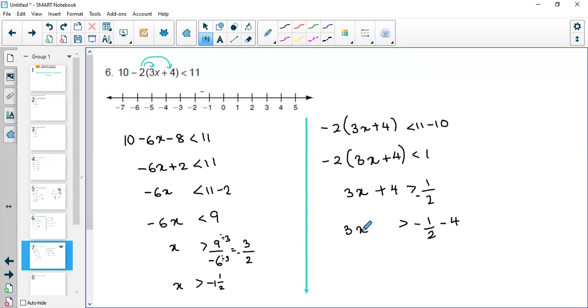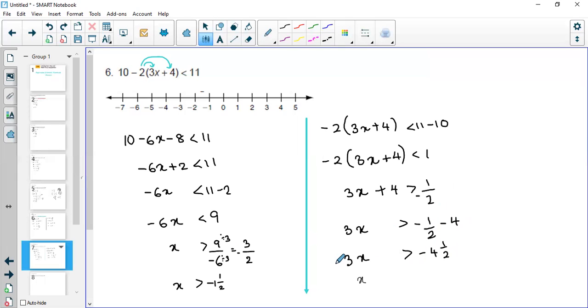Now hopefully you do remember, just like how we did before, what is negative half minus 4? You have a whole 4. Now we have two negatives, which means we're going to add both the numbers. So 3x is going to be greater than negative 4 and a half. What's the next step?